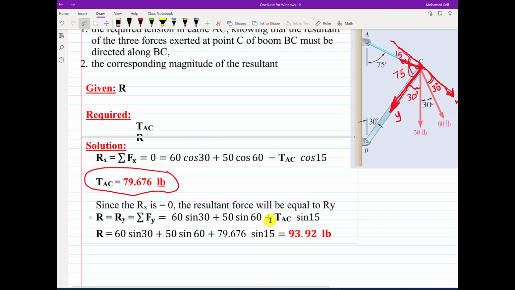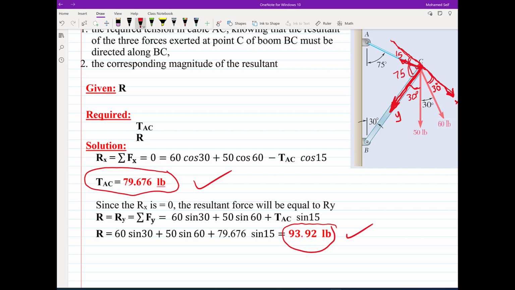We determined TAC, which is 79.676. You substitute into this equation and find the resultant. The resultant in the direction of CB is 93.92 pounds.